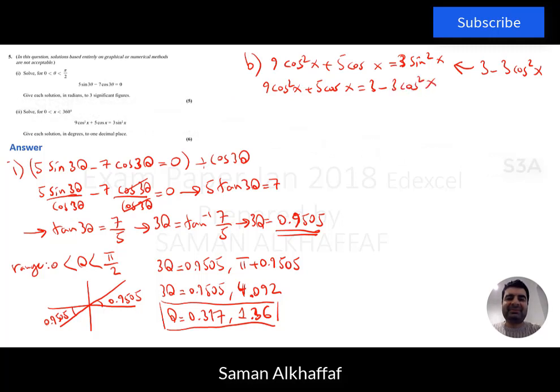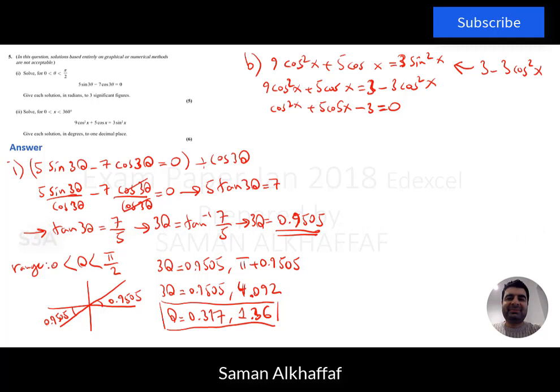So we move this 3 cosine squared x to the other side, which gives us 9 cosine squared x plus 3 cosine squared x, so that will give us 12 cosine squared x plus 5 cosine x, and also minus 3, because it's negative, it will be added instead of taken away.